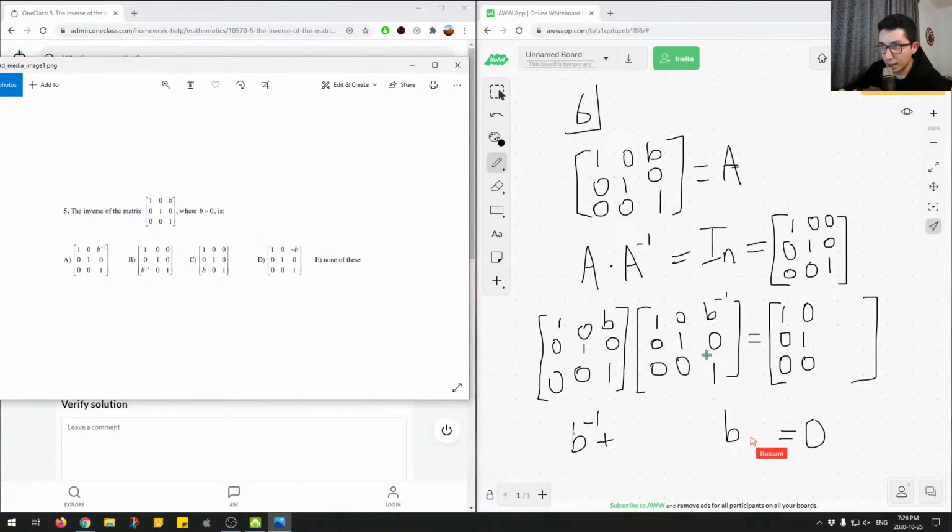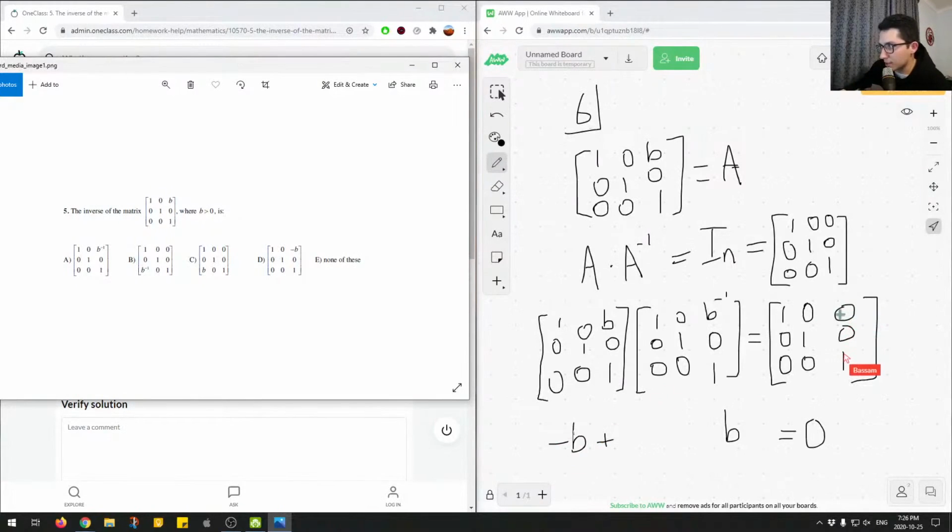And we can see that this should really be negative b for it to cancel out and become 0. And here we have this option over here, which has negative b, and the rest of the options don't have negative b. So if this was negative b, then we would end up with 0. And you would have satisfied the identity matrix, and you'd have 0, 0, 1.